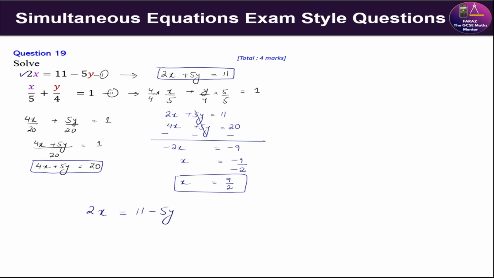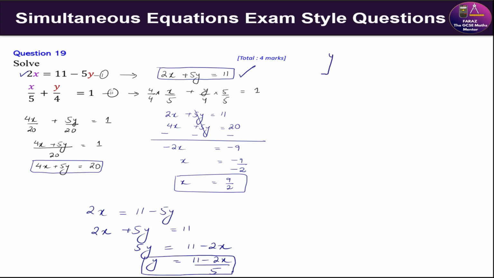So this will look like 2x plus 5y equals to 11, and we have 5y equals to 11 minus 2x, and therefore we have y equals to 11 minus 2x over 5. Or it's already there, 2x plus 5y equals to 11. You can take that and rearrange it and make y the subject of the equation. So y equals to 11 minus 2x over 5.